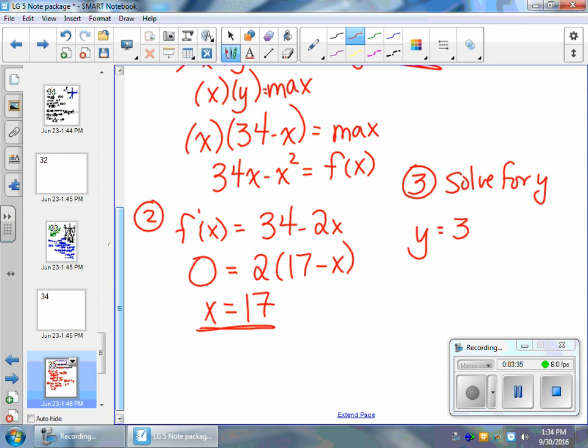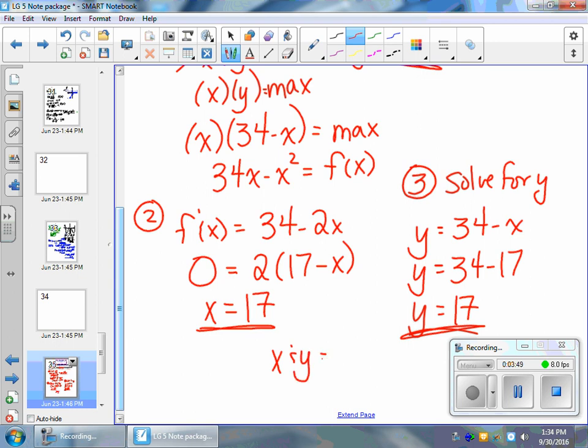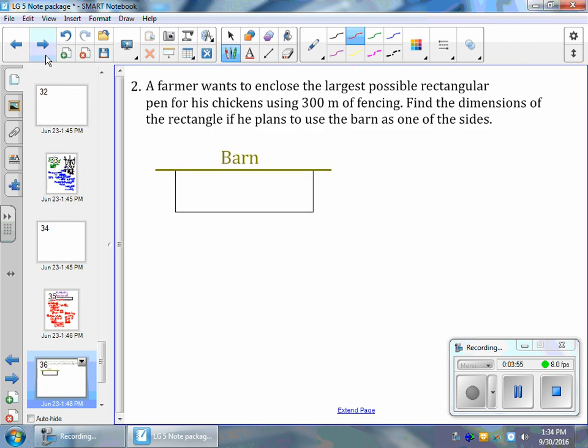So y is going to be equal to 34 minus 17, so y is equal to 17. Therefore the two numbers are 17. Pretty basic, and again, a nice application of derivatives.